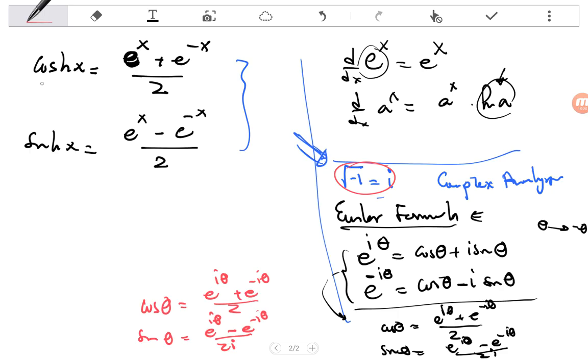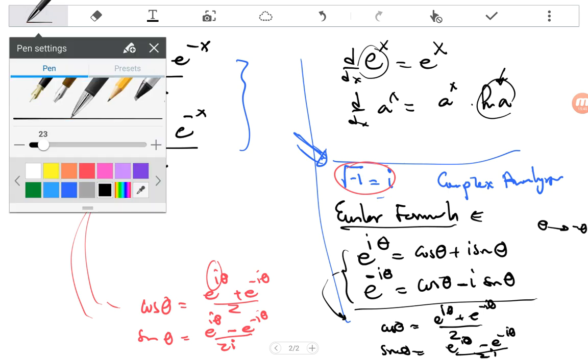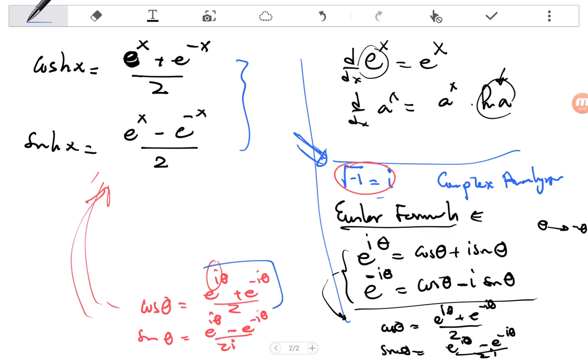So when we thought of hyperbolic functions, we looked for a similar definition related to the exponential, but without these i's, or without the root of -1.